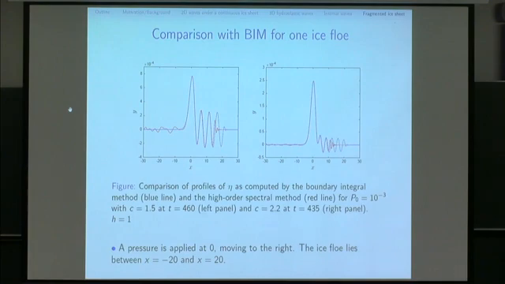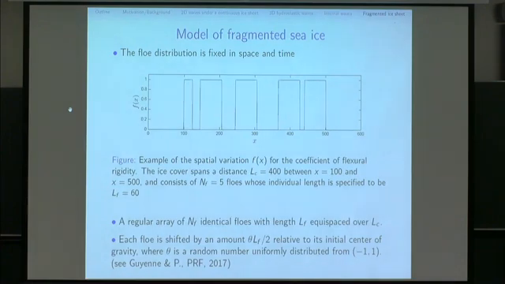So encouraged by this, we say let's now put in a model of fragmented sea ice. So we choose a number of ice floes, which is NF, with some length, LF, for example, between, let's say, 100 and 500 in our computational domain.